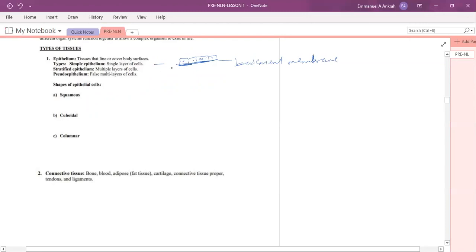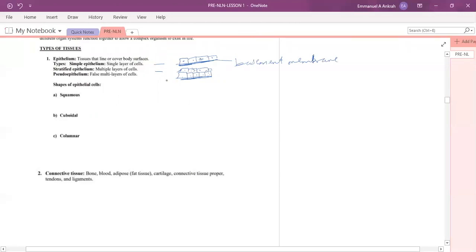So one layer, that is simple epithelium. Stratified, you have a basement membrane, but then you have more than one layer, another layer on top of this. So that becomes a stratified epithelium.